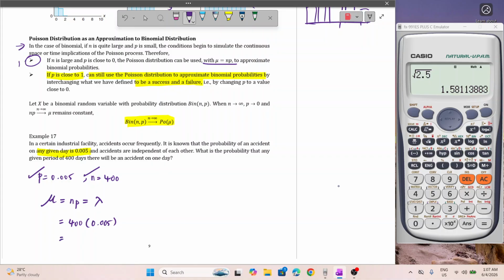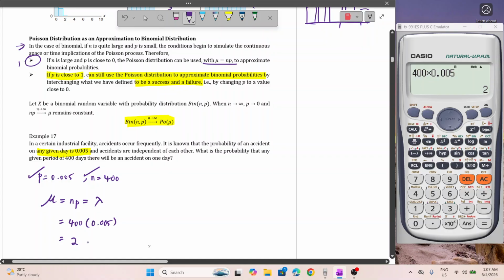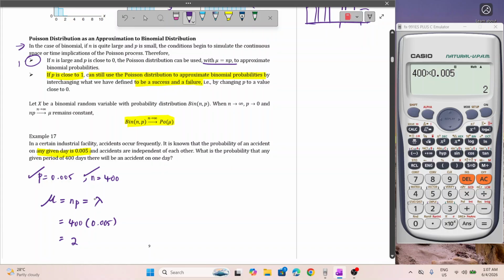So 400 times 0.005 is equal to 2. So lambda, or the mean of the binomial, is equal to 2.